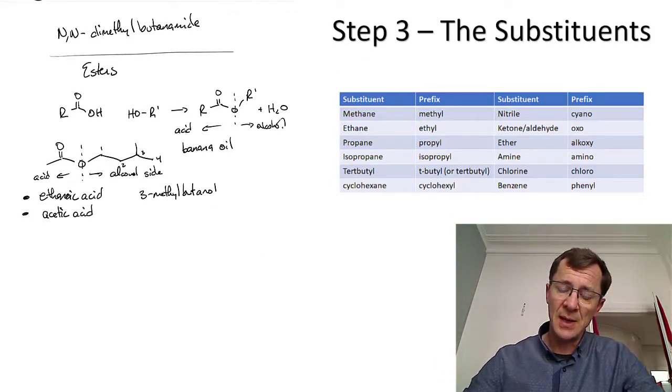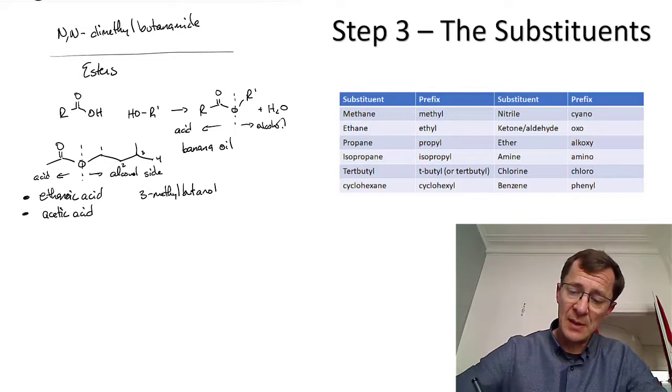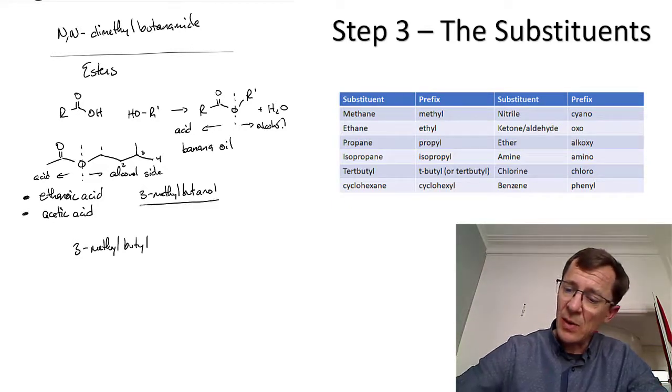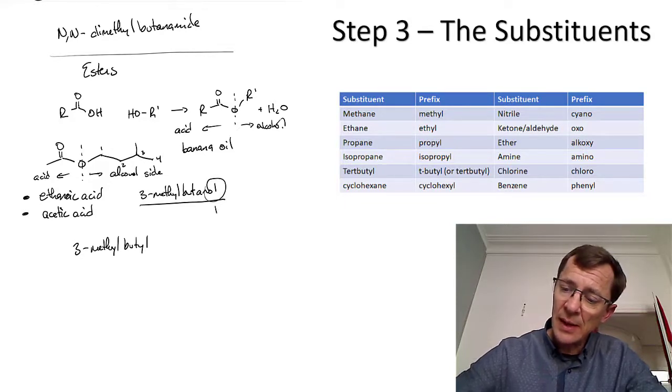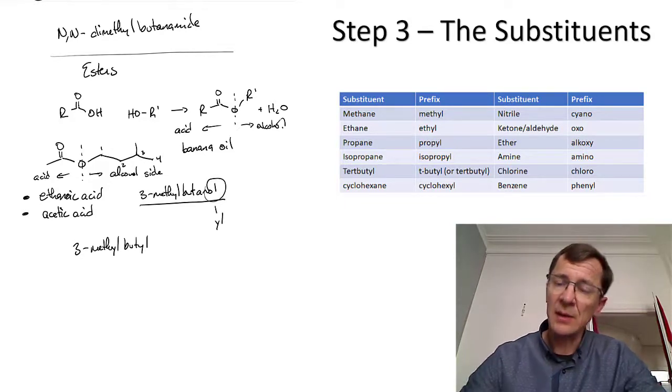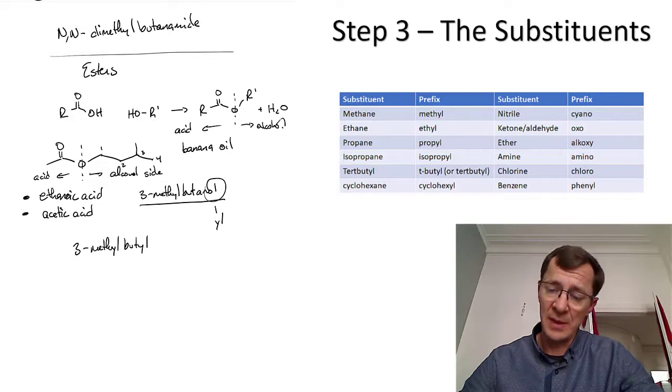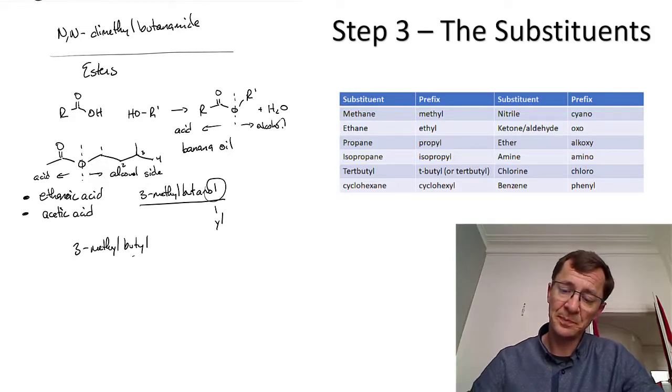When we combine these together, this would be 3-methylbutyl. So now my alcohol, you get rid of the OL, and you call it YL as an alkyl substituent on that oxygen. So this is 3-methylbutyl, where the 3 describes the butyl.